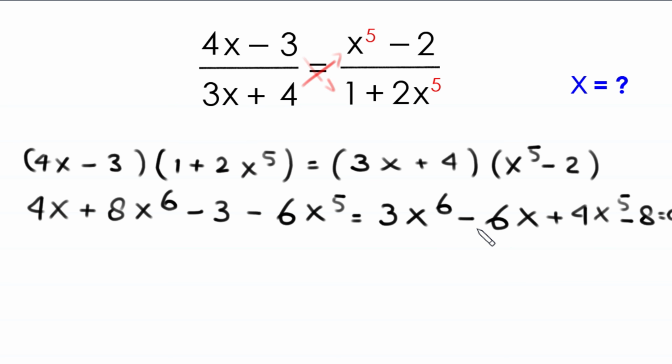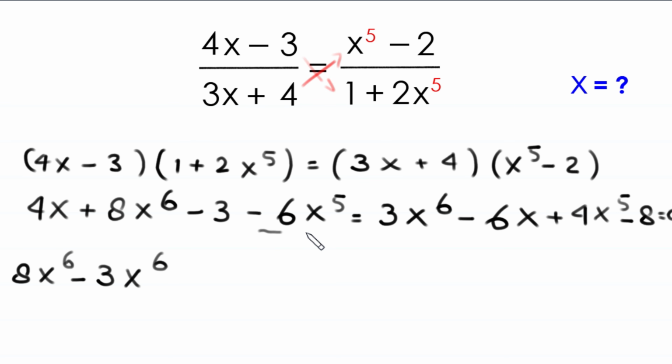Rearrange and move all these terms from the right hand side to the left hand side. So this will become 8x^6. This 3x^6 will become negative 3x^6.